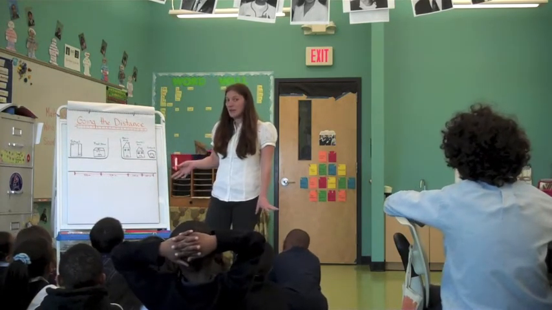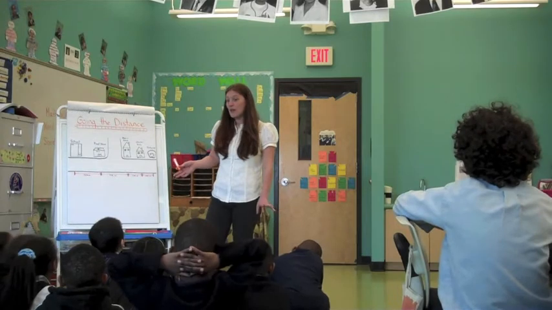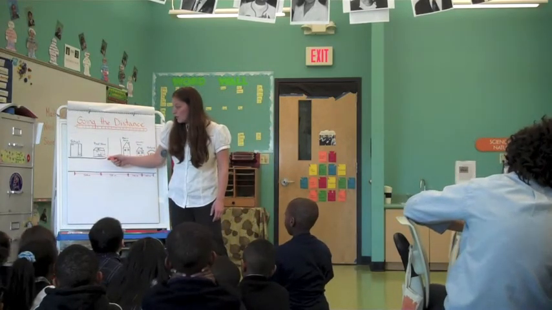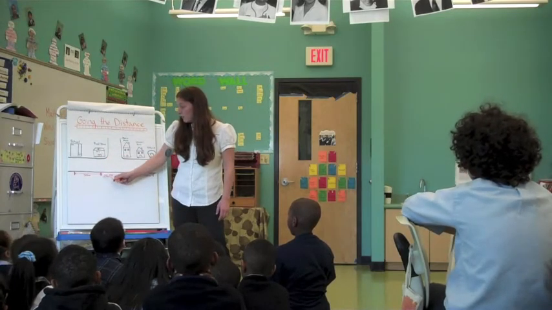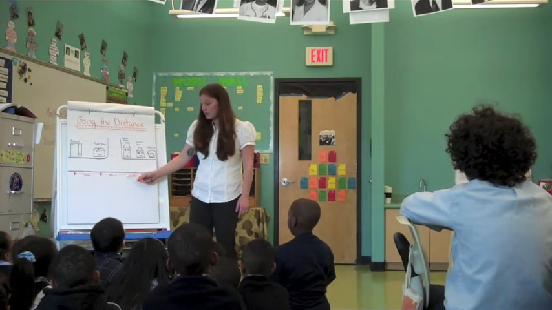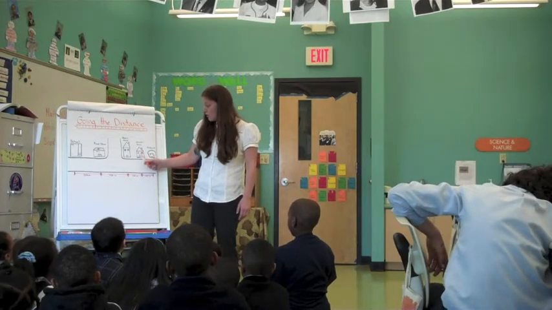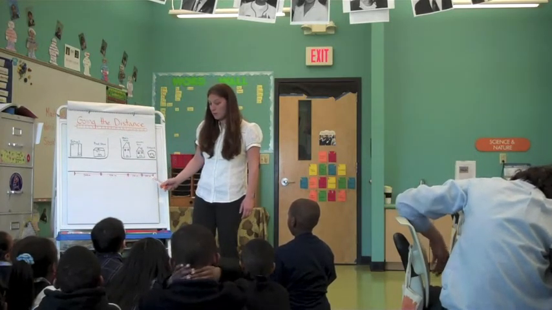The only problem is that I only know the distance between school and the food store, between the food store and Alex's house, between Alex's house and Charles's house, and between Charles's house and the ballpark.